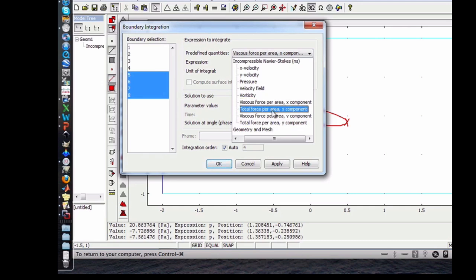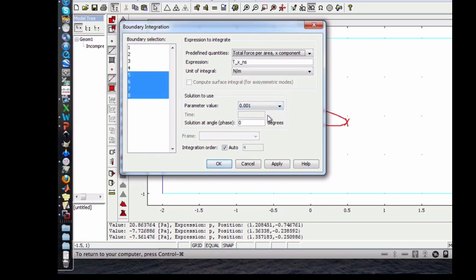And the total force would be the sum of all the forces acting due to both pressure forces and viscous forces. So what we could do is look at what those forces are for each of these Reynolds numbers.